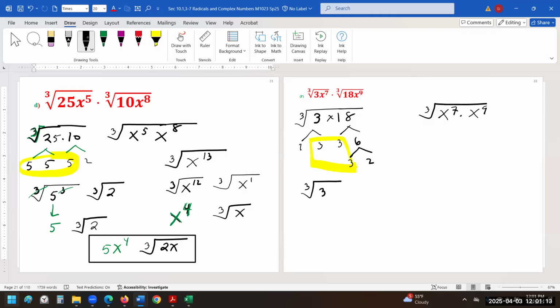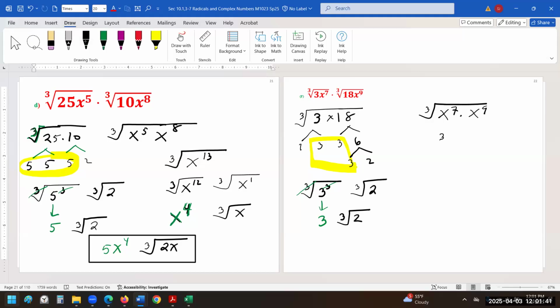Cube root of 3 cube. And then inside another group, what goes? 2. Cube root and cube power, they fight and die. We get the adult 3. And the underage 2 stays inside the house.